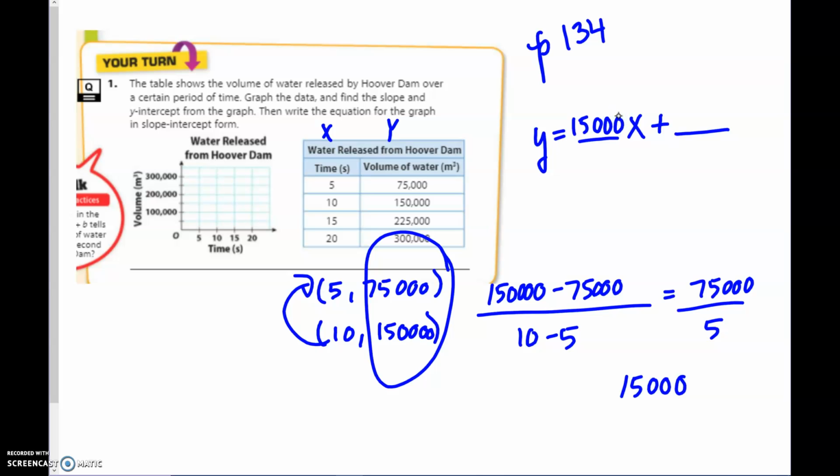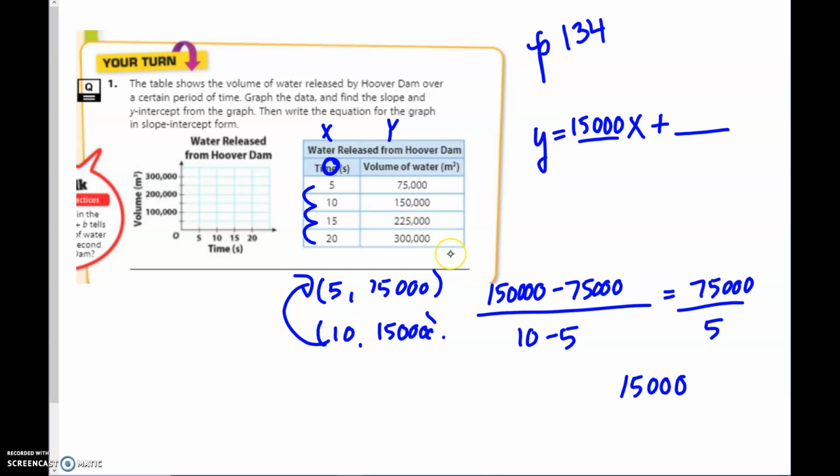Now, what is the y-intercept? Well, I can see a pattern here. 25, 20, 15, 10, 5. They're counting by 5s. So if I just keep that pattern going, if I subtract 5, I'm at 0. Well, if I can figure out what the pattern is on the other side, then I will know what my y value is going to be, and that will be my y-intercept.